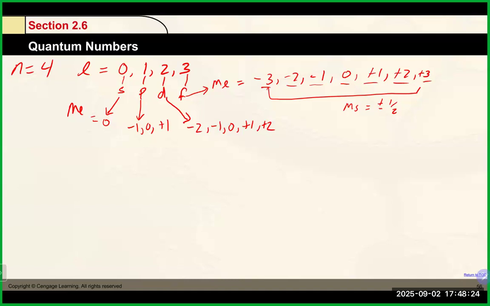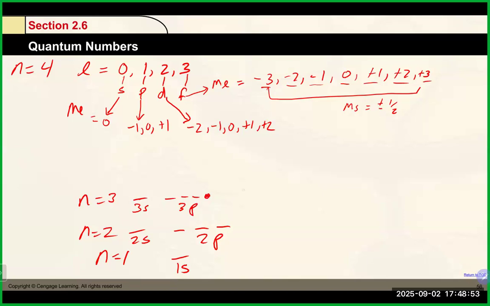So again, based on quantum numbers, f orbitals cannot appear before the 4th energy level, just like d orbitals cannot appear before the 3rd energy level, and p orbitals before the 2nd. So if we go through our little arrangement here, we have our 1s, our 2s and 2p, our 3s, whoops, 3p, too many, and again our 3d.